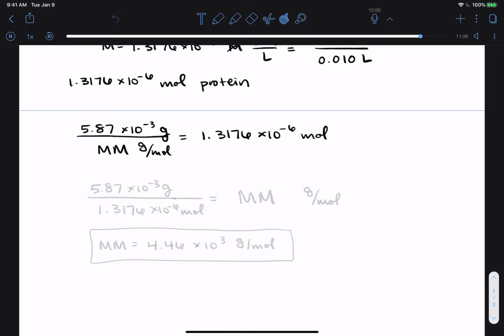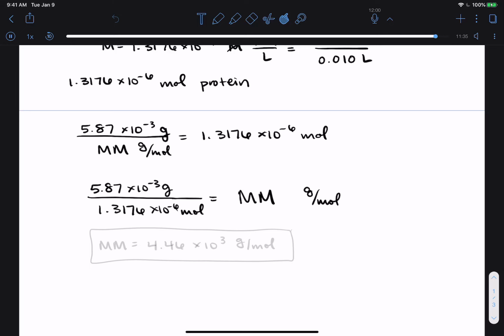Now the other way that you can think of setting it up, which is the exact same math, is to say 5.87 times 10 to the minus third grams per 1.3176 times 10 to the minus 6 moles gives you some value with units of grams per mole, which would be the molar mass.